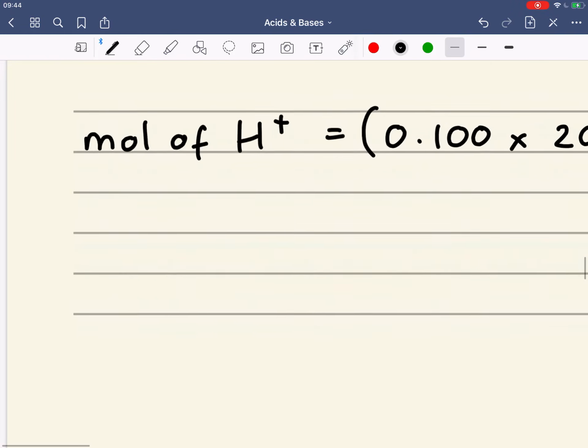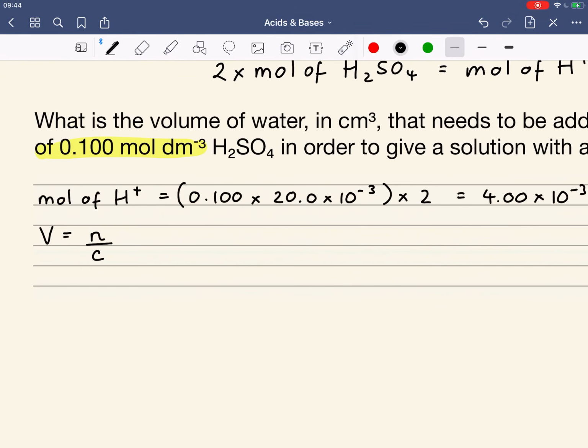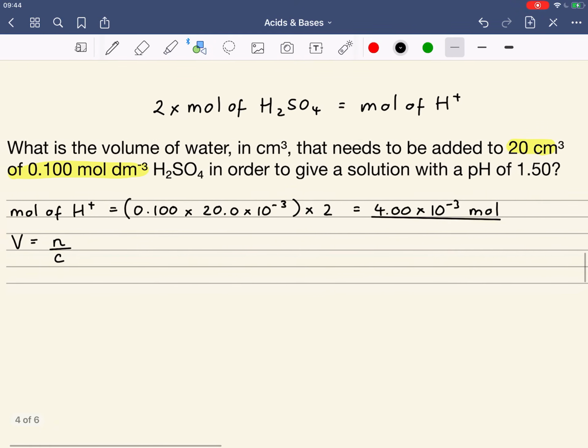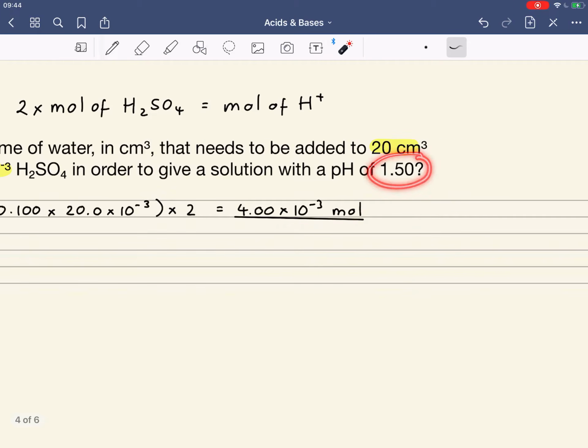I now need to work out my volume. I've been given my hydrogen ion concentration, as you'll see. The volume then is moles divided by concentration. And I've got my moles value here. We've worked this out earlier on. The concentration of hydrogen ions we can work out from this pH.